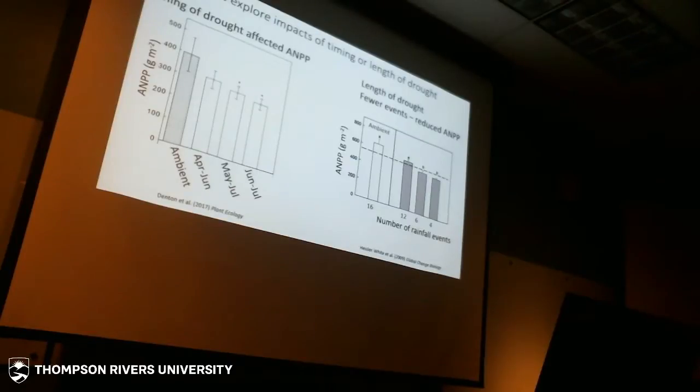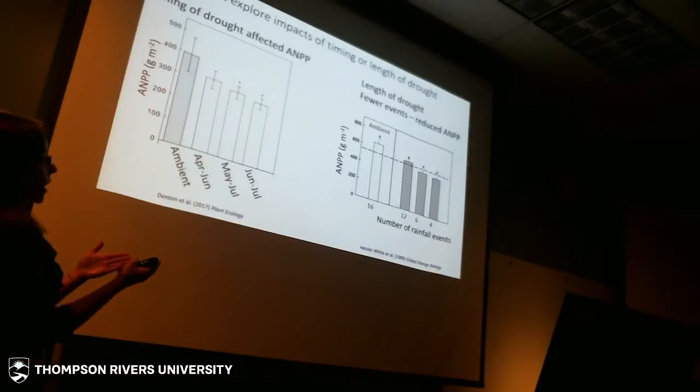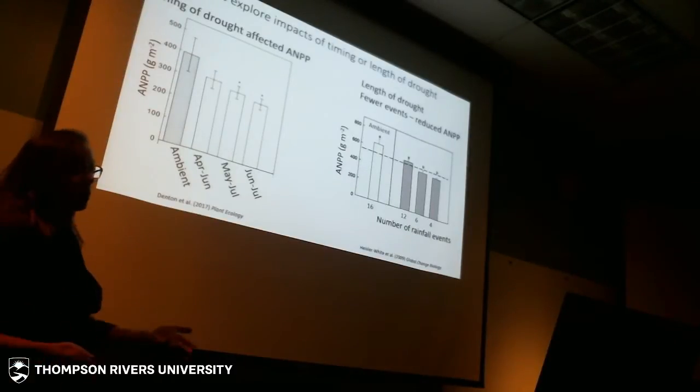And this shows that when you don't have a precipitation event, when there's a greater time between these precipitation events, essentially you're creating a drought. So by reducing the number of precipitation events, you're creating more droughts, and that is reducing ANPP.